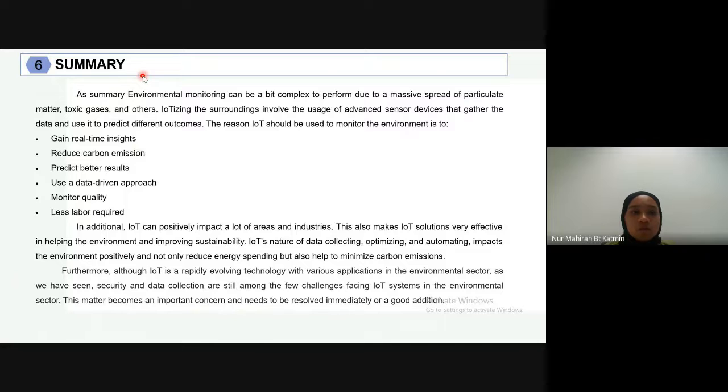As a conclusion, to summarize, environmental monitoring can be complex to perform due to the massive spread of particulate matter, toxic gases, and others.